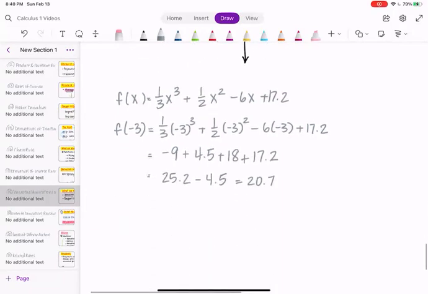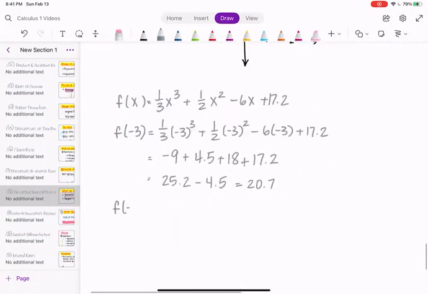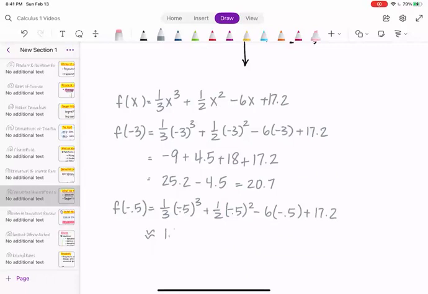So now let's try f of -0.5. That's going to be 1/3 times 0.5 cubed plus 1/2 times 0.5 squared minus 6 times -0.5 plus 17.2. And for the sake of saving you guys time, let's call that 1.5, right?